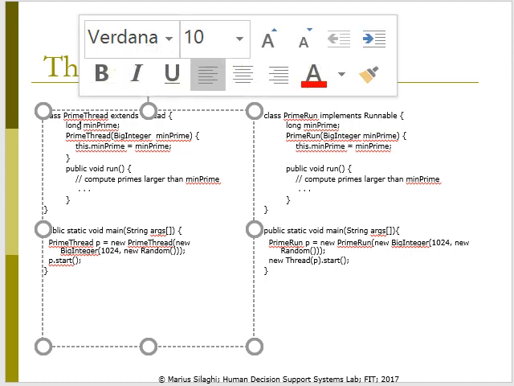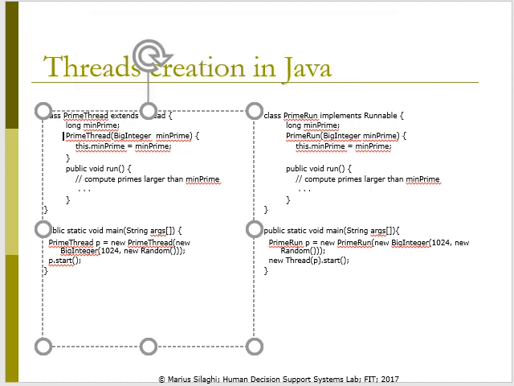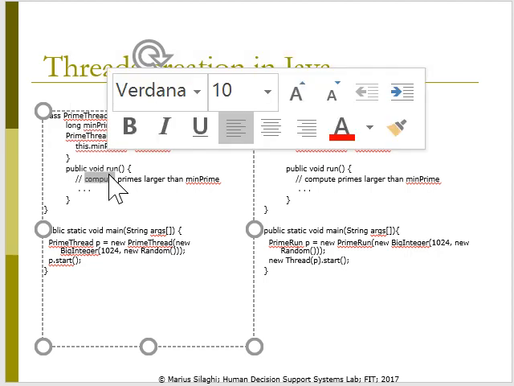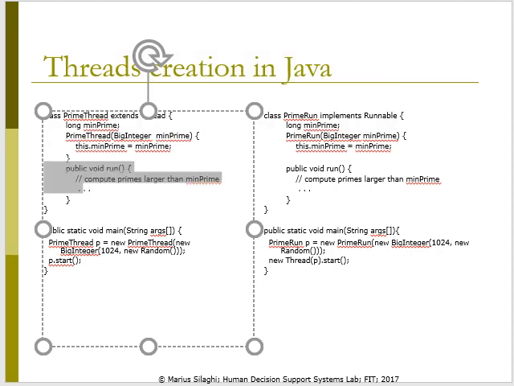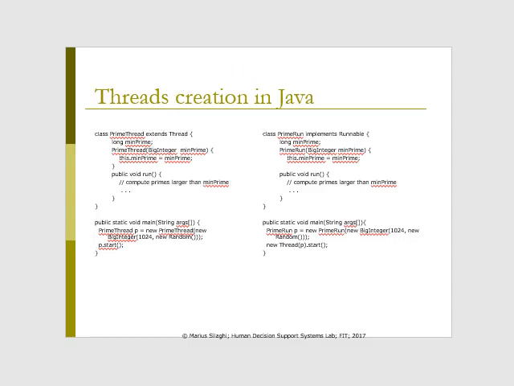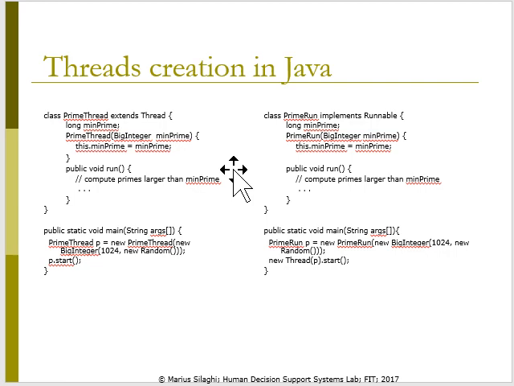In both solutions, the class that extends Thread or that implements Runnable will have its local variables, a constructor initializing them, and a run method. The run method is the main method of the thread being executed, the equivalent of the functor, the function call operator, in C++.